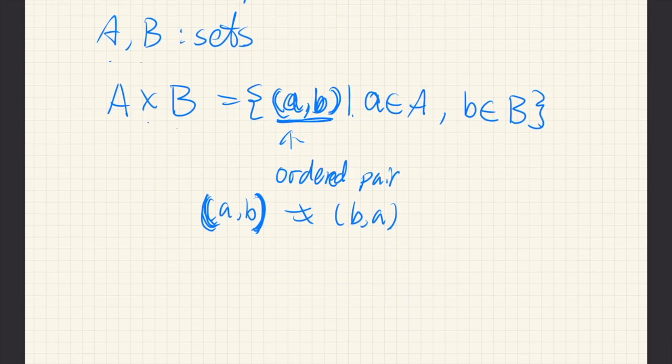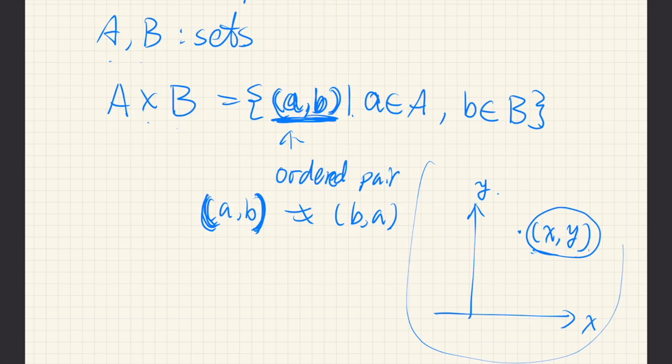We've been using this notation all the time when we study geometry in two-dimensional space, right? The x coordinate and y coordinate, and each point is written as x comma y enclosed by parentheses. So the entire plane is the set defined by this. In that case, we were considering the Cartesian product of the set of real numbers with itself.